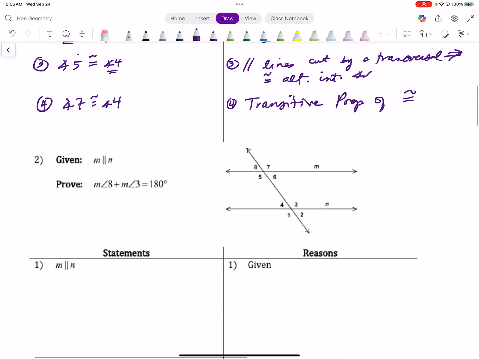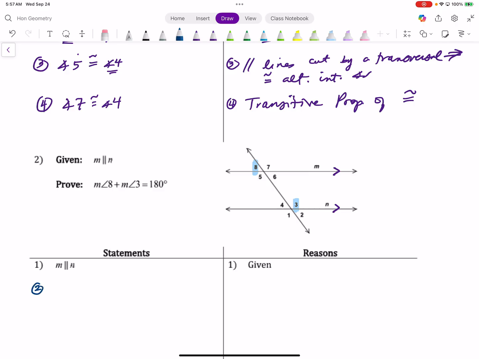Okay, next up. So M is parallel to N, and we've got to show that the measure of angle 8 plus the measure of angle 3 is 180 degrees. All right, so let's start out talking about one of those two things.